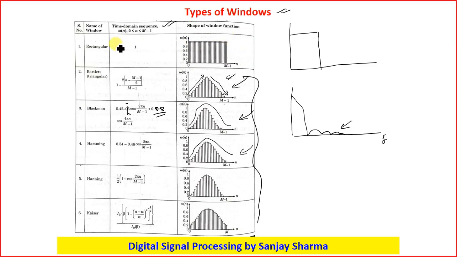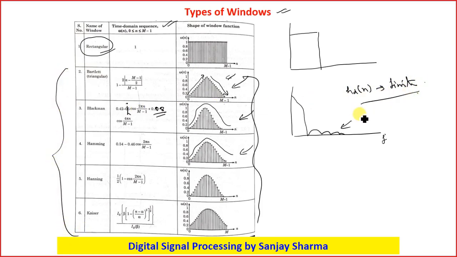So the rectangular window only helps in reducing the number of filter coefficients, making h[n] a finite series. All other windows have a significant role in reducing the ripples in the passband and the stop band of the filters.